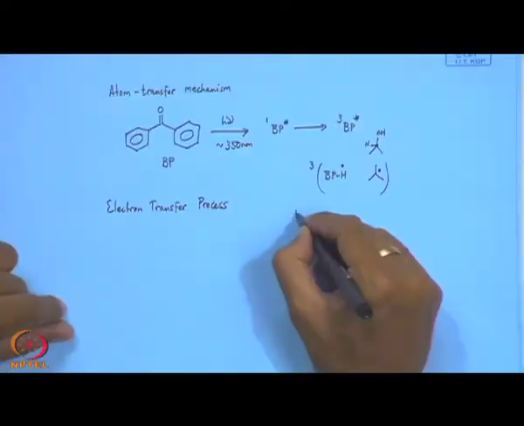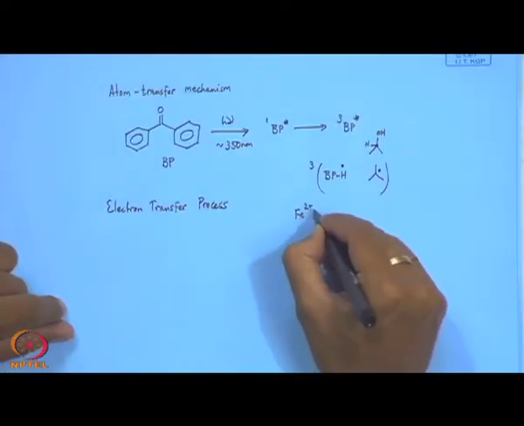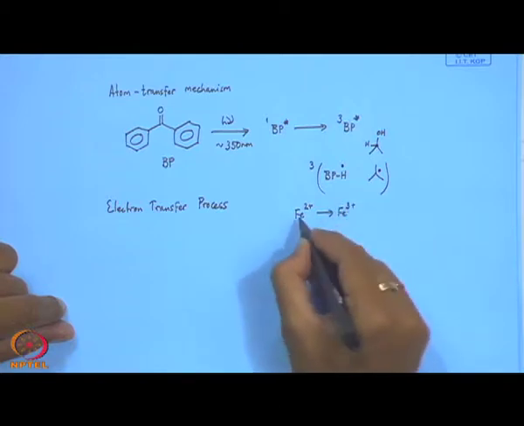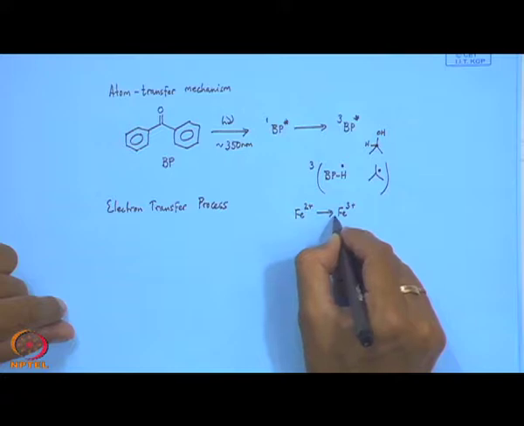Oxidizing means it is accepting an electron from the other species. A typical example may be a ferrous-ferric system, Fe2+ to Fe3+ system. So, this is a process of oxidation.